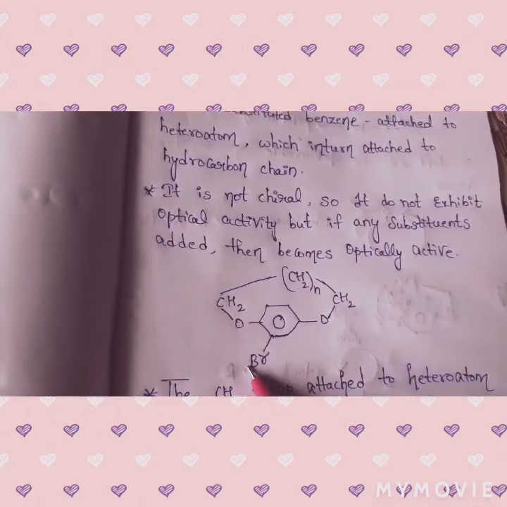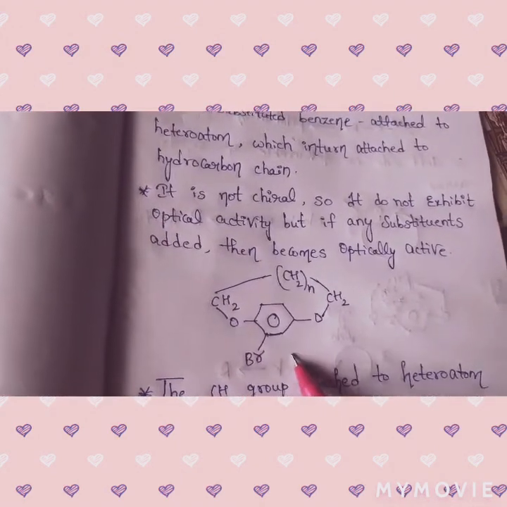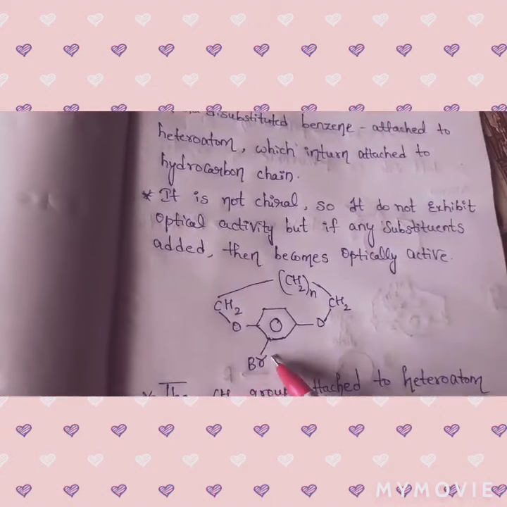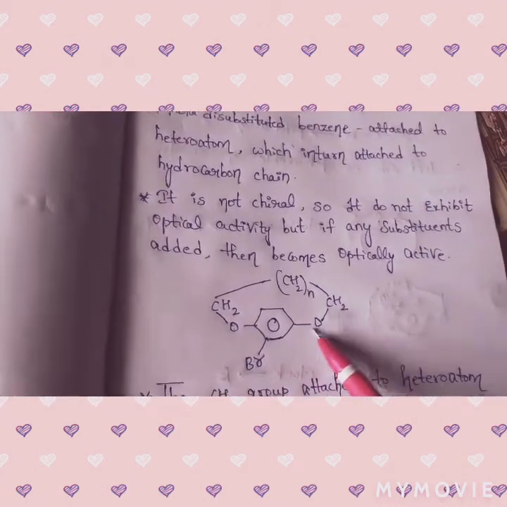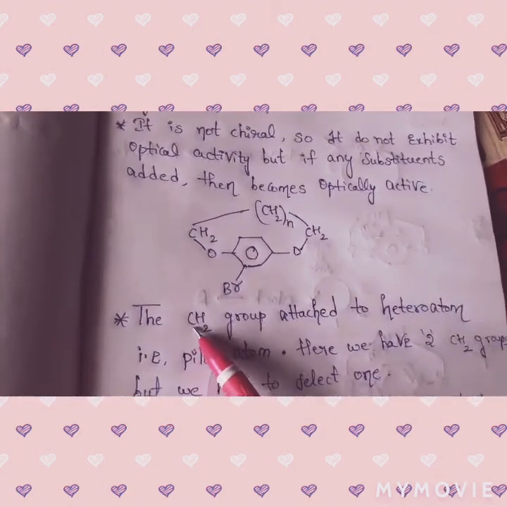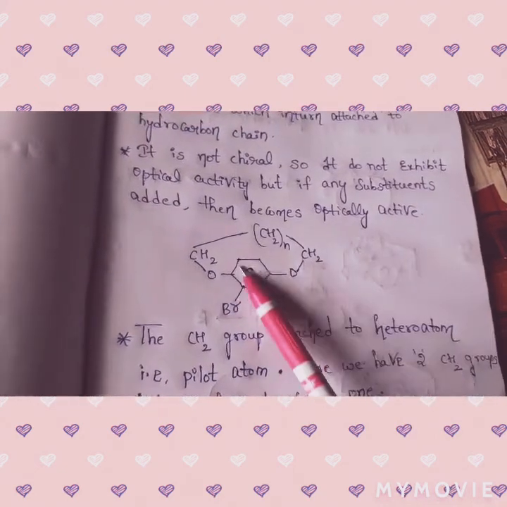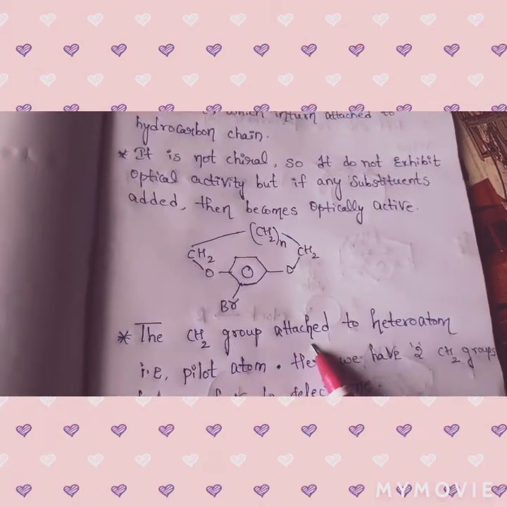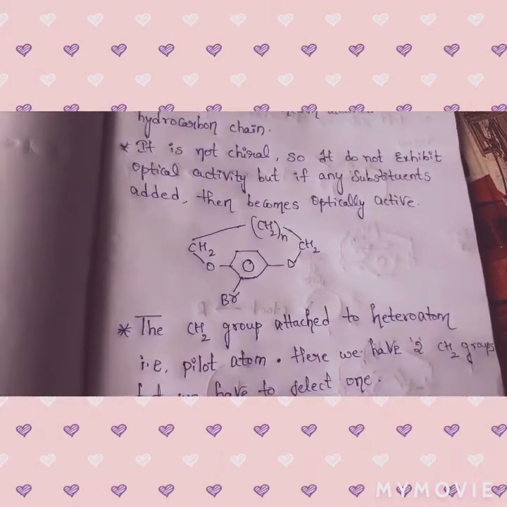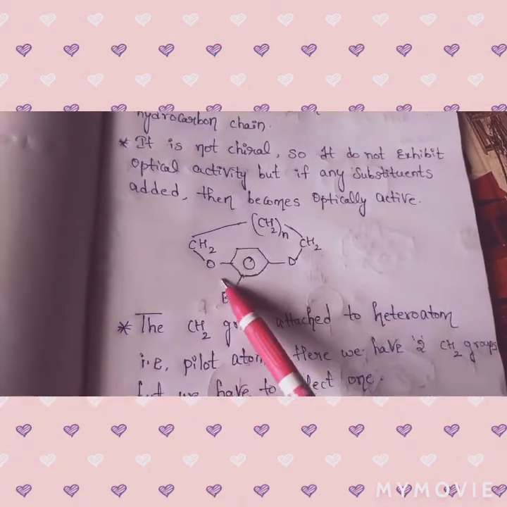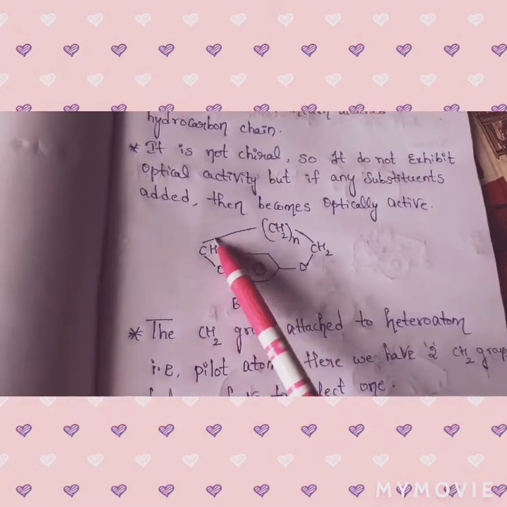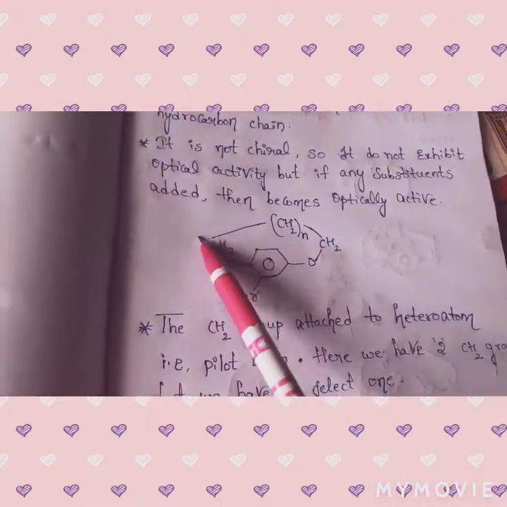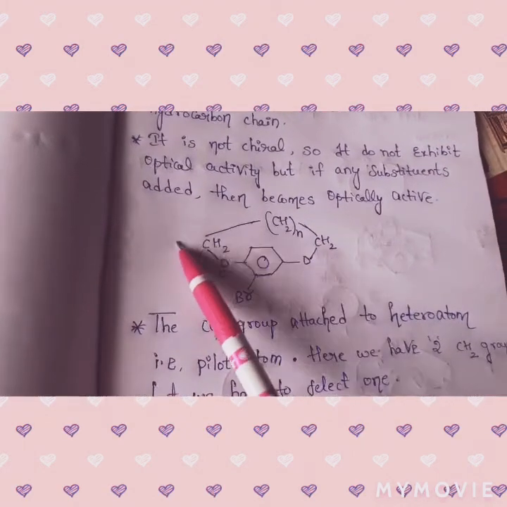In this the substituent is present, that means it exhibits chirality, which means it shows optical activity also. Next, the CH2 group attached to the heteroatom is the pilot atom.